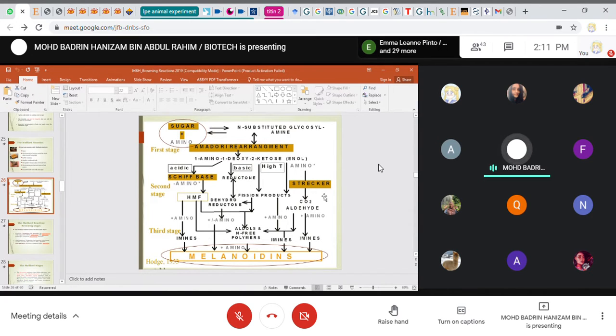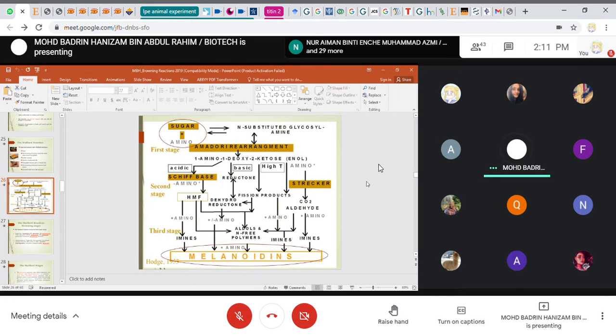You can have lots of compounds, and these compounds in turn can produce lots of other compounds, thousands of different compounds. It depends on the type of food, types of sugar in the food product, and types of amino acids. All of these can determine the rate of the Maillard reaction and also what type of product is produced.